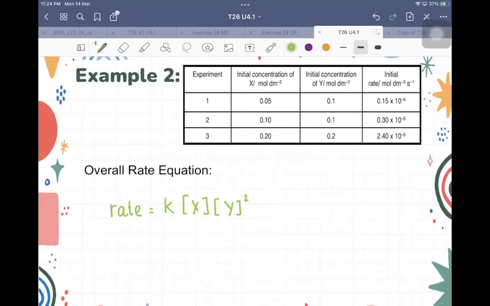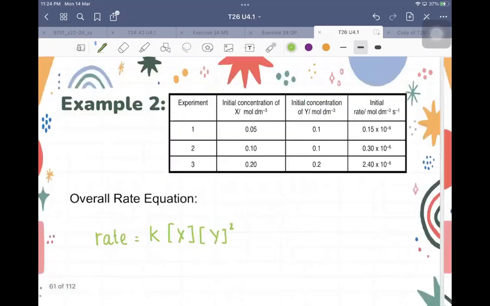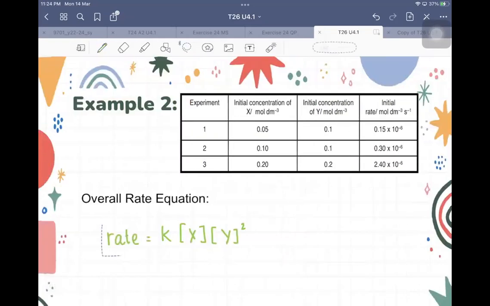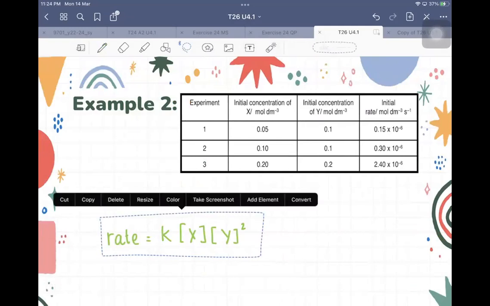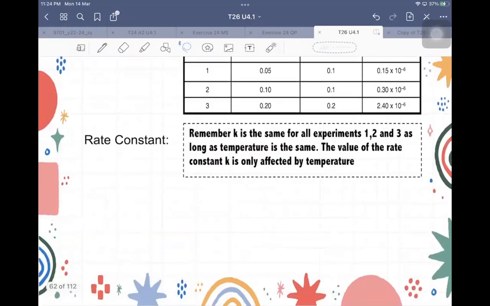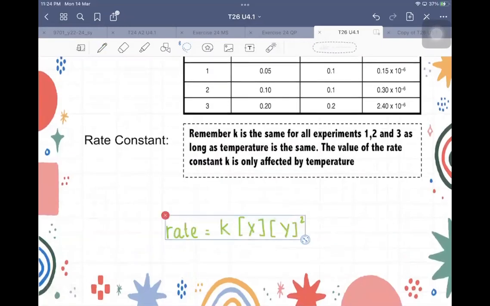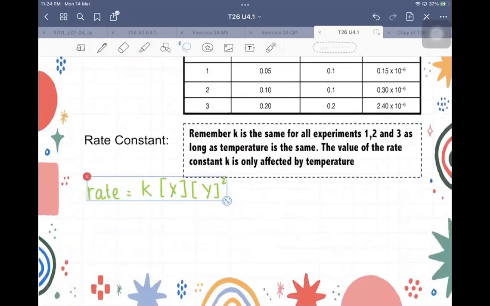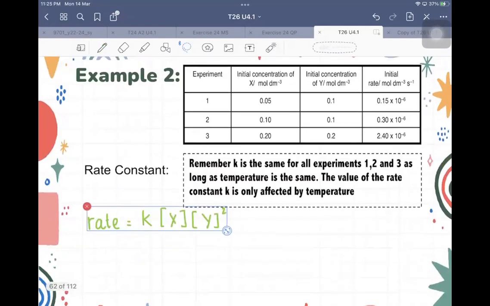Next, I want to work out the rate constant using this rate equation. Again, you just choose any one experiment, whether you want to use the data for experiment 1, experiment 2, or experiment 3.